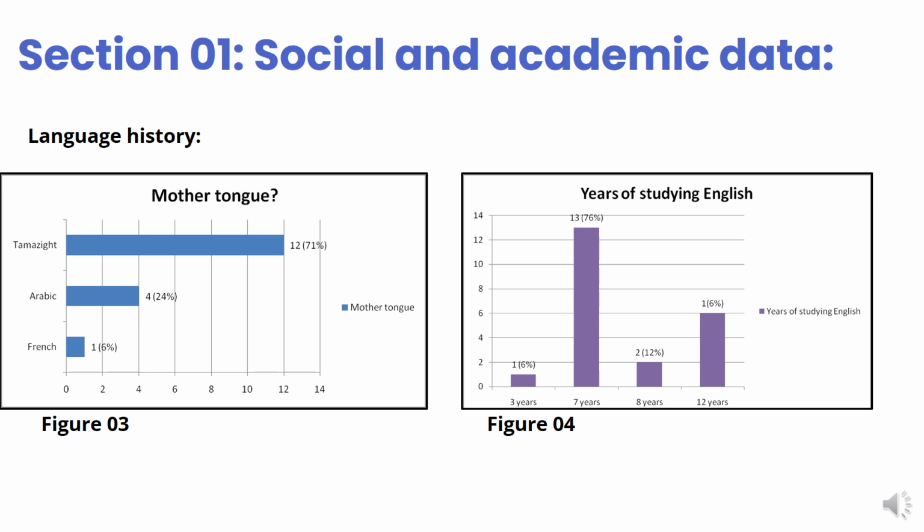Tamazight is the dominant mother tongue at 71%, followed by Arabic at 24%, showcasing the linguistic diversity of the region. Most participants, 75%, have studied English for 7 years, though recent training varies significantly, with gaps as long as 5 to 8 years reported.